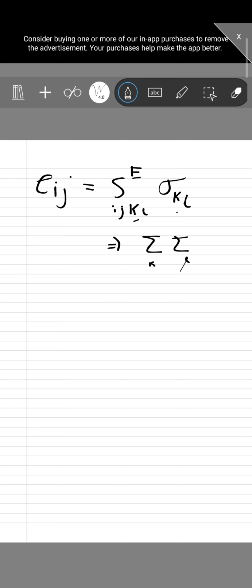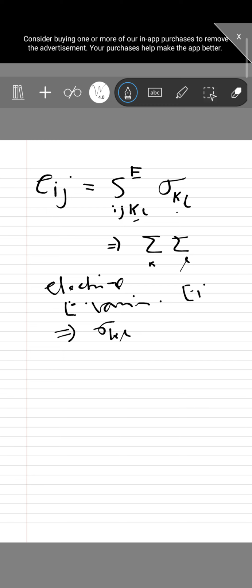Now, if the electric field E is changed, it will cause a change in the stress sigma kl, but since the electric field is a vector quantity, the change will be in only one direction, the direction in which the electric field is being applied.